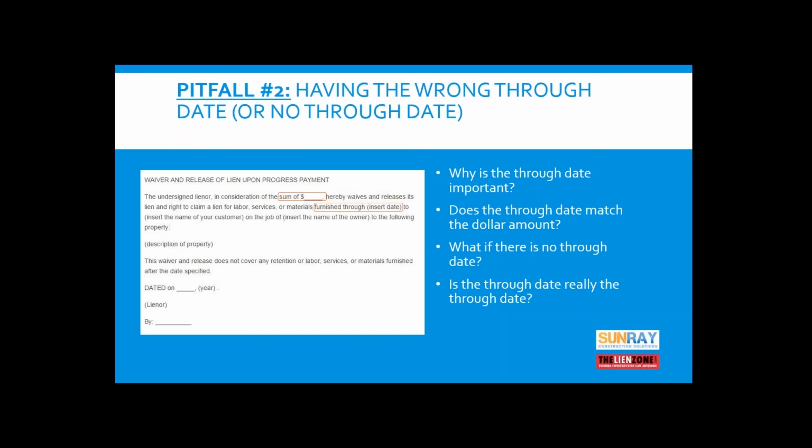So the through date for the effectiveness of the release for the subcontractor wasn't that date. It was the date he signed it or she signed it. But if you didn't read carefully, you would see the word through date. You would see a date that matched the amount of the money you were expecting, but legally it wasn't the same.